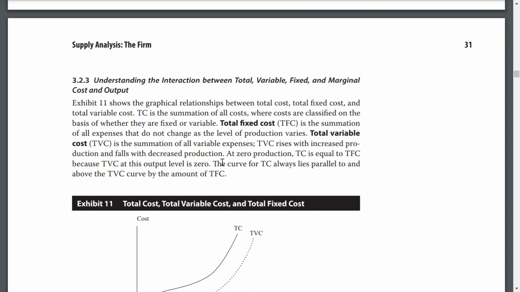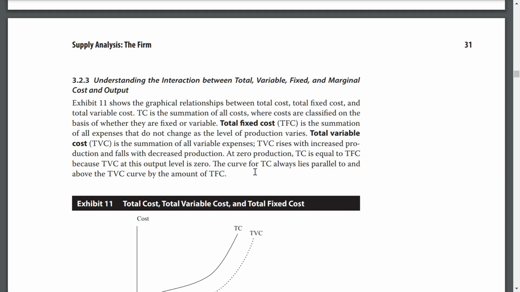Total fixed cost, or TFC, is the summation of all expenses that do not change with the level of production. Total variable cost, or TVC, is the summation of all variable expenses. Total variable cost rises with increased production and falls with decreased production.